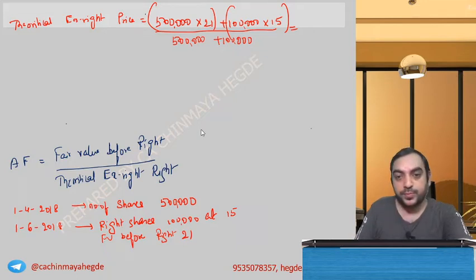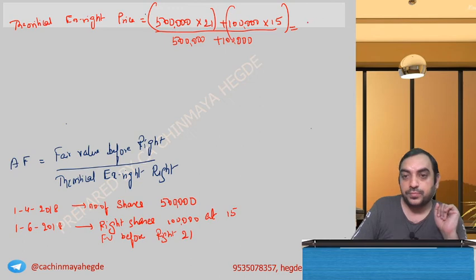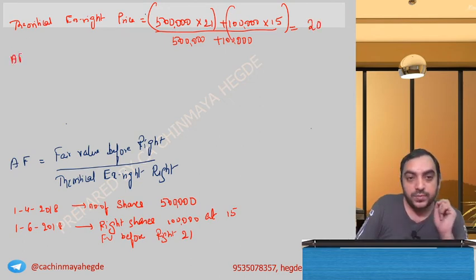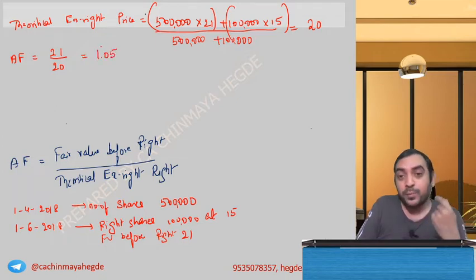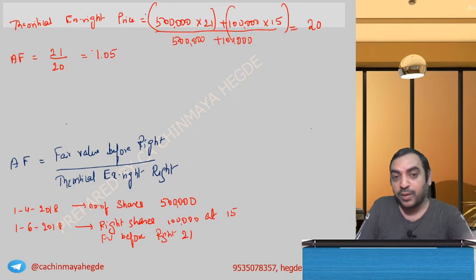So what is the adjustment factor going to be? Fair value before the right is 21, after the right is 20, so 1.05. So 0.05 basically represents the bonus element. I'll prove it later.